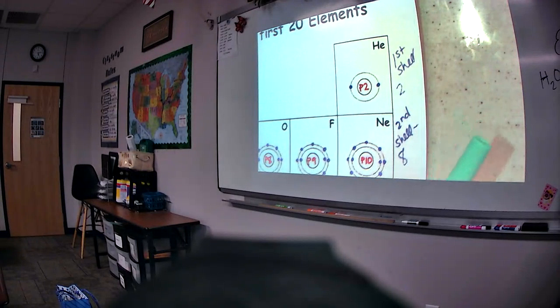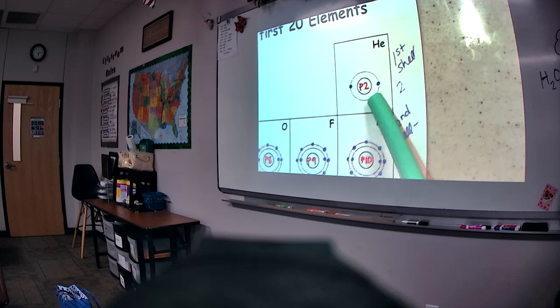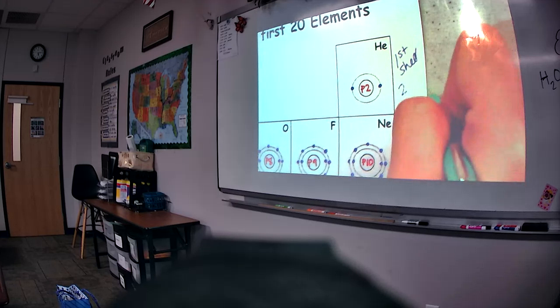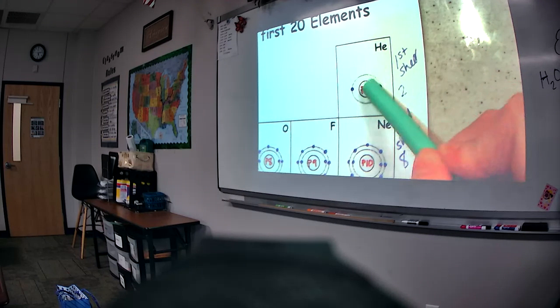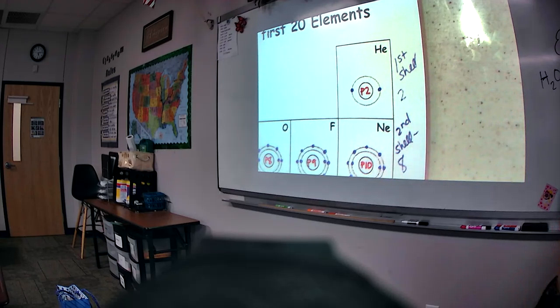How many electrons does it have in the outermost shell, not including the full shell? 0. Very good. Because the first shell is full, it can hold a maximum of how many electrons? 2. Because this shell is full, and it has no other shells, no other outer electrons, it has 0 valence electrons. You see what I'm saying?